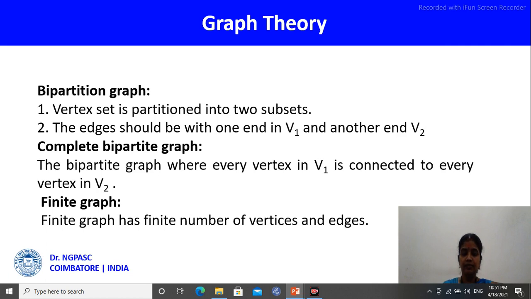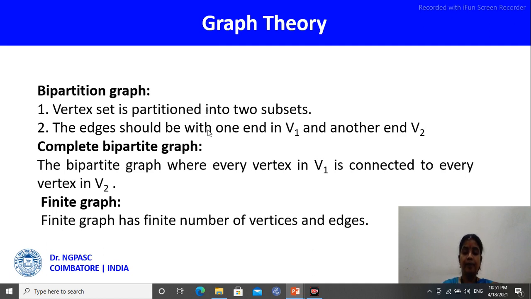Regular graph means the degrees of all vertices are the same in a graph. Bipartite graph: the vertex set is partitioned into 2 subsets, V1 and V2, so that every edge has one end in V1 and another end in V2. These types of graphs are called bipartite graphs. Next, complete bipartite graph.